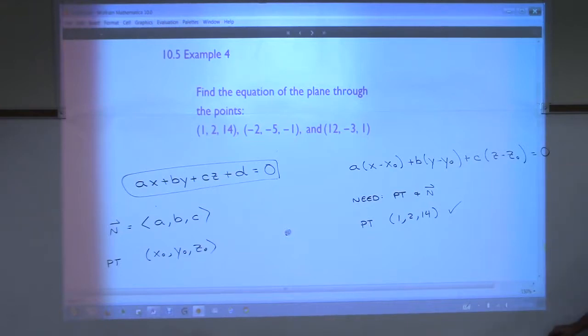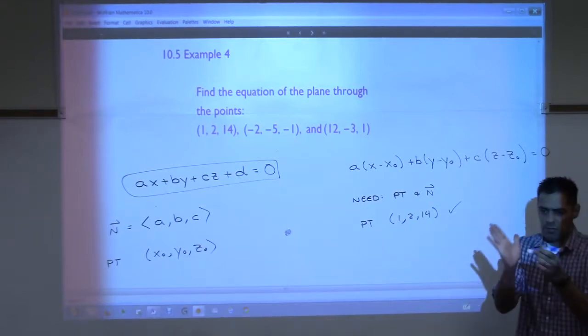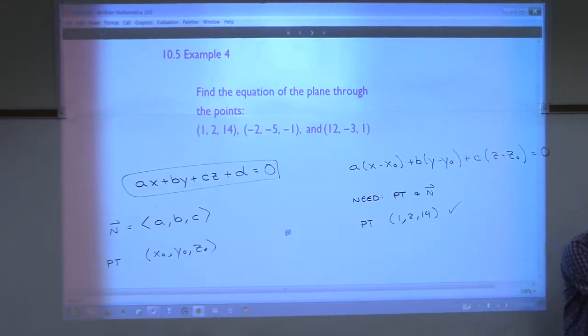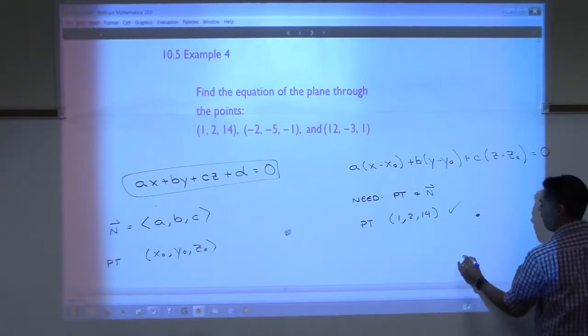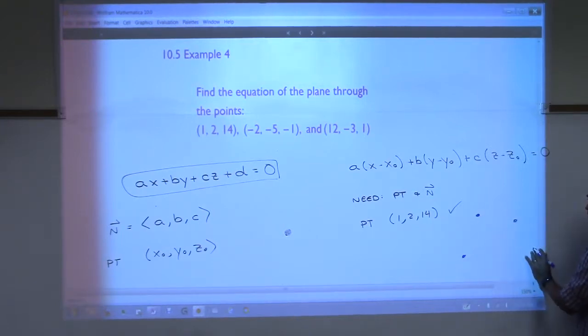Now we need the normal vector. How are you going to get a vector that is orthogonal to the plane? Create 2 vectors from these points, cross those 2 vectors, and generate your normal vector. So visually, here's what we're doing. We have 3 points that live on a plane.